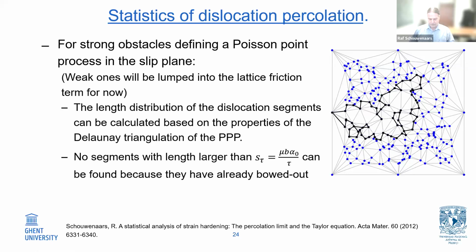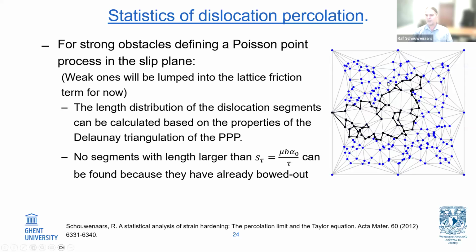Okay, if we don't want to simulate, then we have to calculate. And luckily enough, there is a single paper from long ago where some of the statistical properties of this Poisson process are calculated. We see that the dislocation segments will be stored almost always on the Delaunay triangulation of this Poisson process.